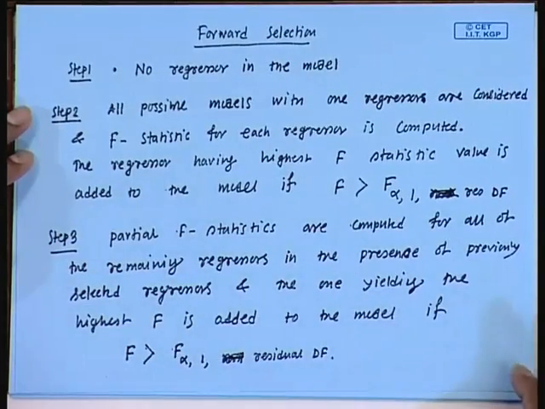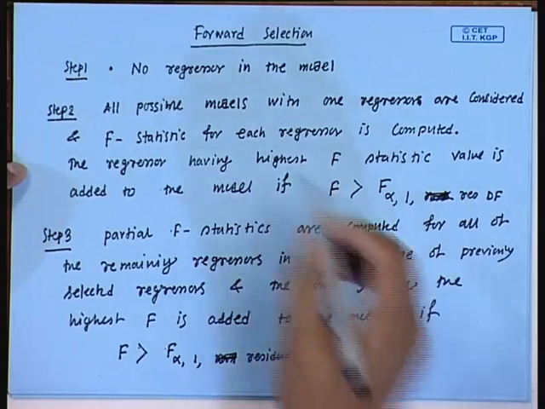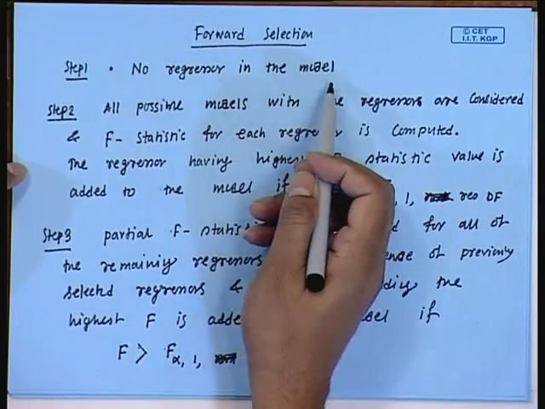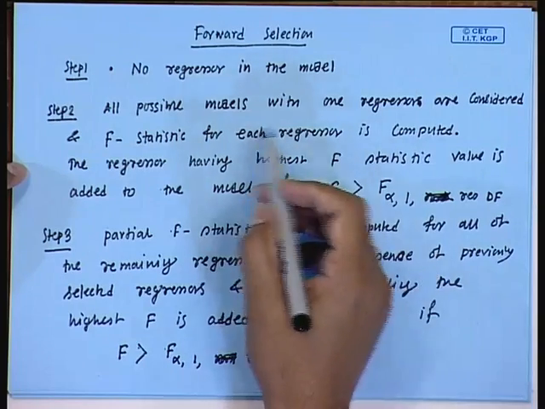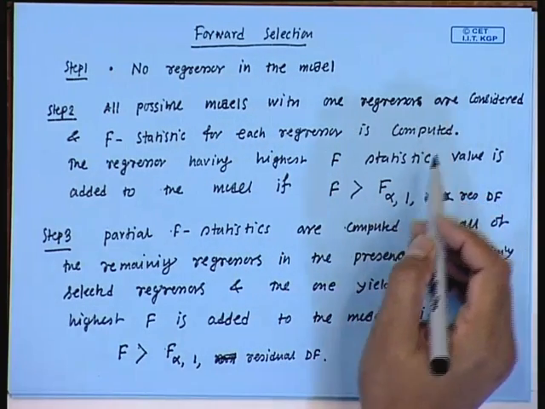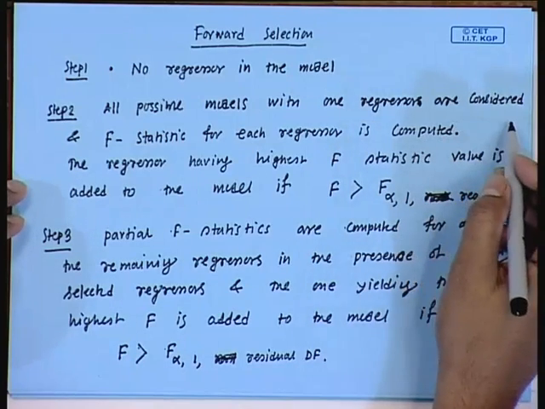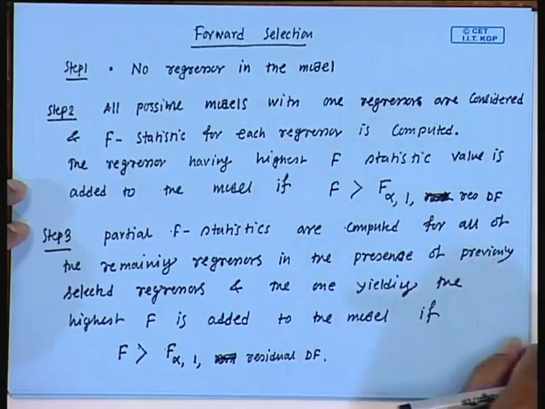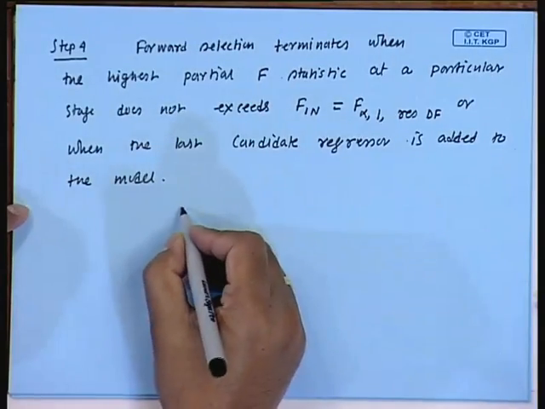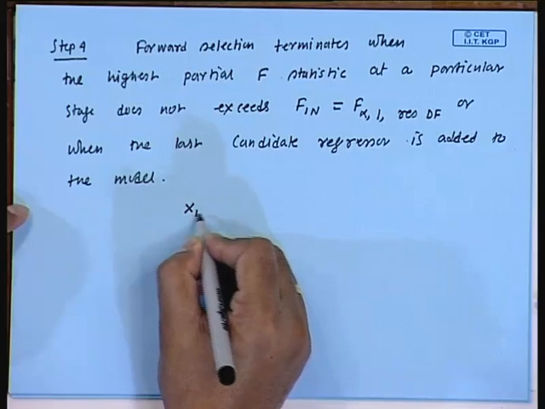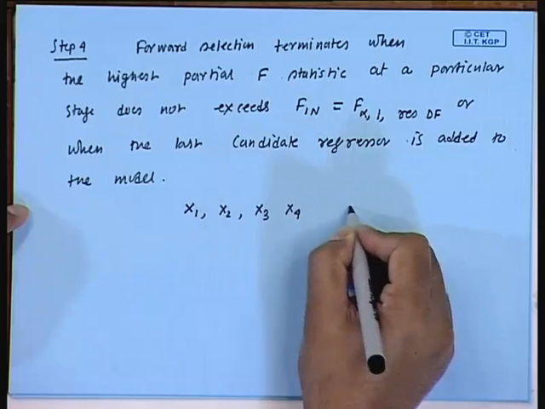algorithm using one example. Let me just give the overview of this one. Initially we start with no regressor in the model, and then all possible models with one regressor are considered. That means, suppose my problem has 4 regressors, say x1, x2, x3, x4 and one response variable y.